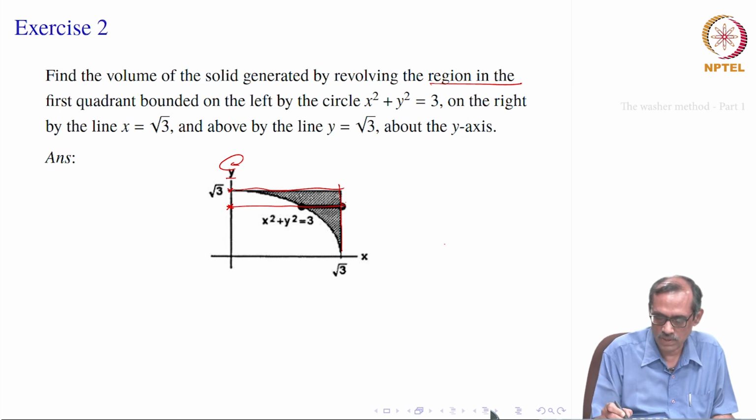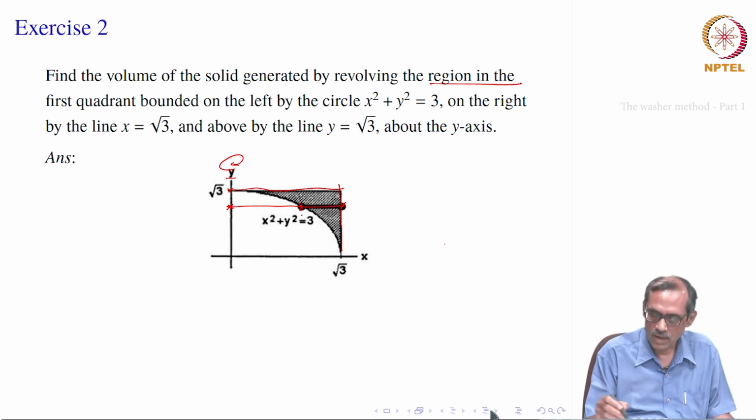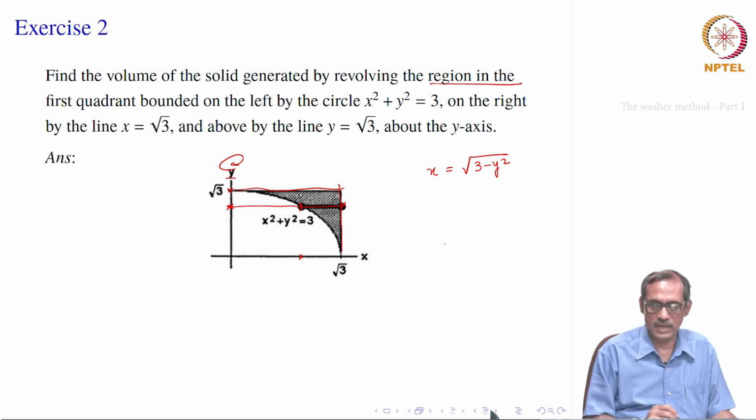So, it would go up to this, that is again root 3, and the inner radius will be up to this point. So, that is on the circle x² plus y² equal to 3, where that length is on the x axis we are measuring. So, x equal to square root of 3 minus y², that should be our inner radius.